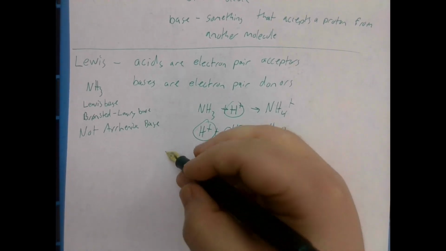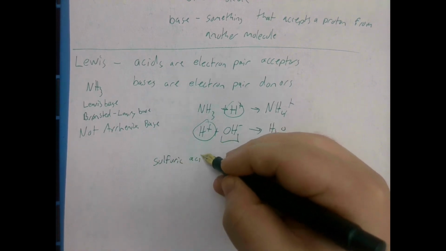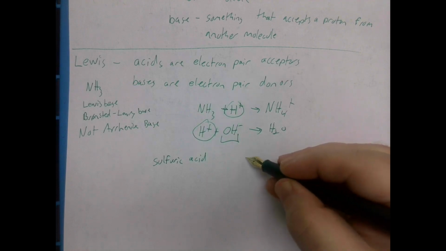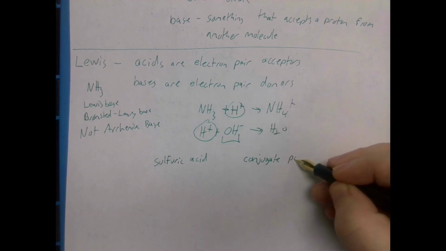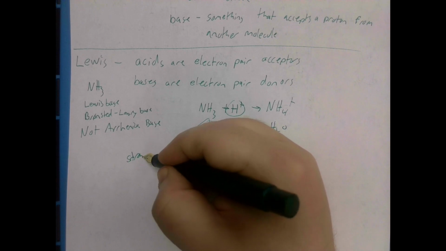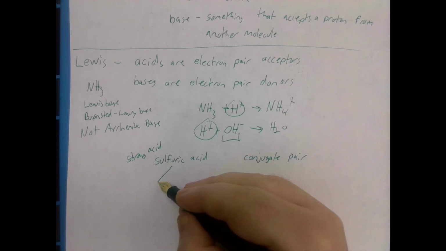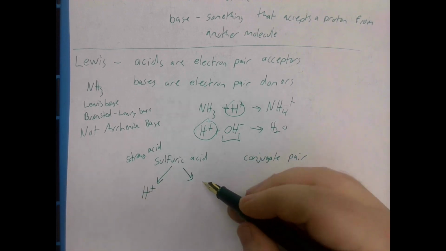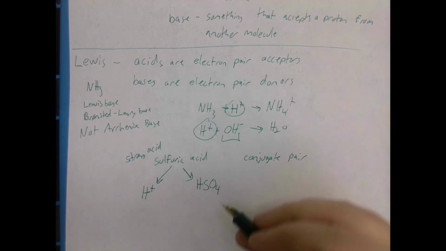Another interesting thing, looking at sulfuric acid. Acids have something called a conjugate pair. Sulfuric acid is a strong acid, so 100% of it is going to ionize into H+ and HSO4-.